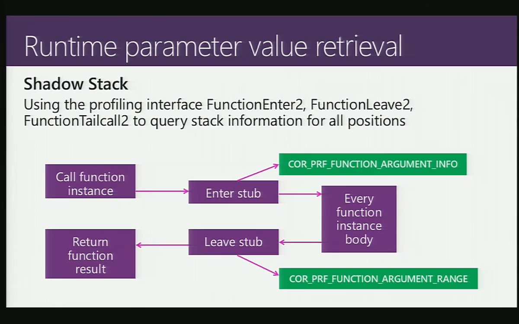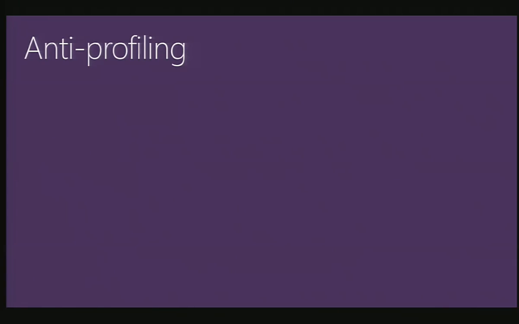After that, it goes out first to my leave stub, where I can access its return value. After I finish my access, it returns the function result. And this actually means a lot to the profiling. I will talk about some advantages of that one slide later, in the anti-profiling part.